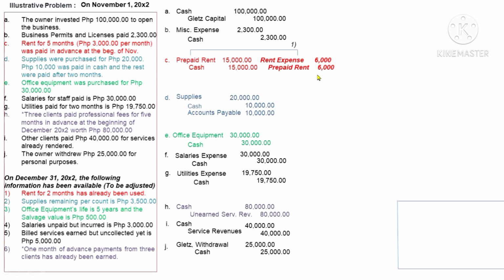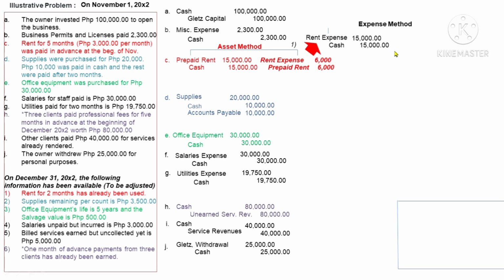And as you can see, the company used the asset method. Since the advance payment was recognized initially as an asset, naturally, at year end, the adjustment focuses on the expired portion of the deferred asset. But what if the company used the expense method? If that's the case, the initial recognition will be debit rent expense 15,000 and credit cash 15,000, even if the benefit has not yet been consumed.